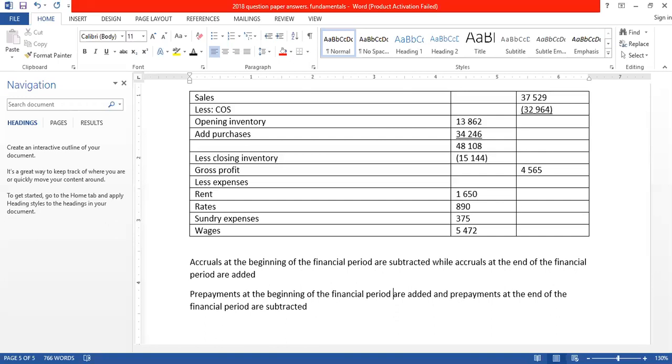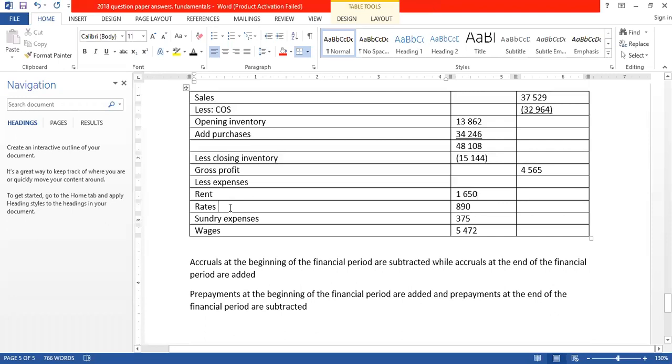Now that has to do with your expenses. Looking at the information given, you have rates prepaid at the beginning and also at the end. That's a prepayment. So what did we say about prepayments?